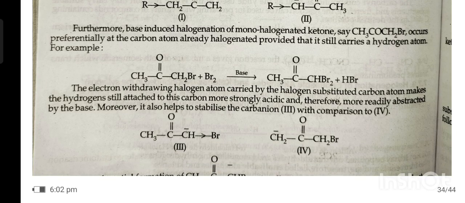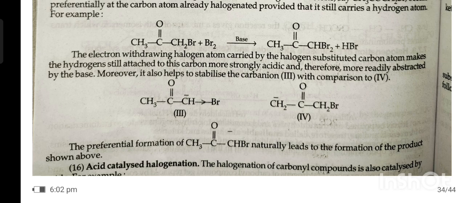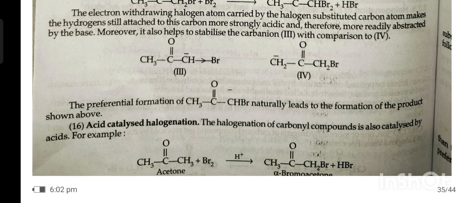The electron withdrawing halogen atom carried by the halogen substituted carbon atom makes the hydrogen still attached to the carbon more strongly acidic and therefore more readily abstracted by the base. Moreover, it also helps to stabilize the carbanion in comparison to the fourth. The preferential formation of this compound naturally leads to the formation of the product shown above.